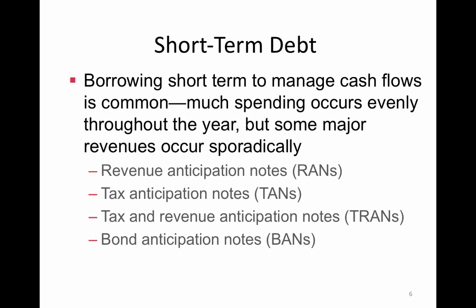And then BANs are issued in the short run until the transaction for issuing longer-term debt in the form of bonds comes through, and then the short-term notes are repaid with a portion of the proceeds from the bond issuance.